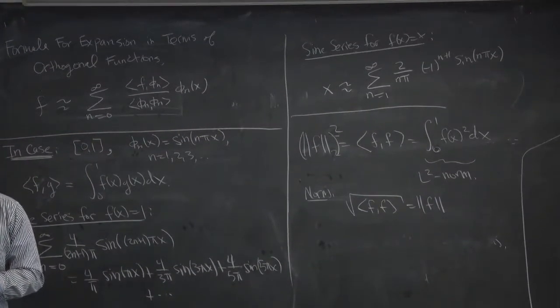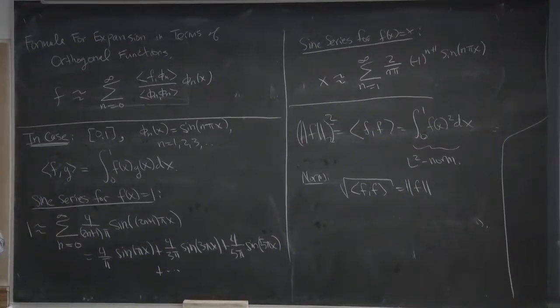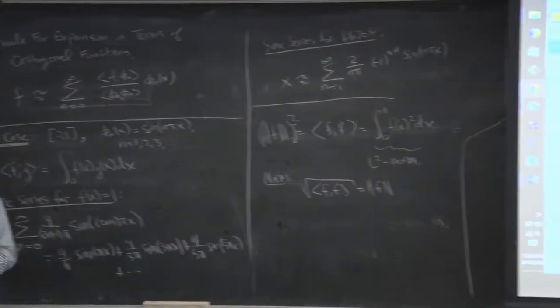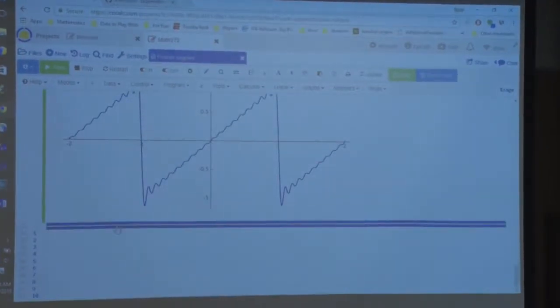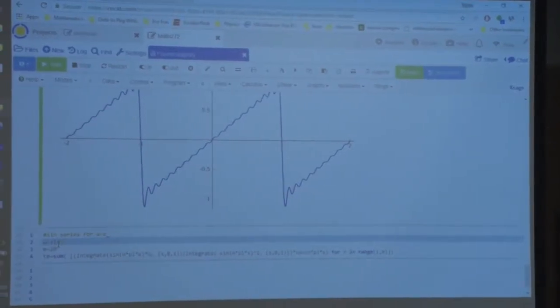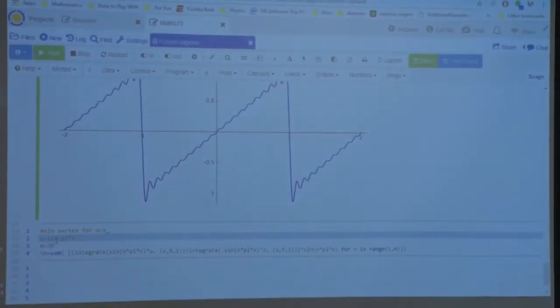Okay, all right, so what should be the sine series? So what if I put sine n pi x there? Like, what should happen? For example, let's do this one. I'm going to take this, put this here, and then what should happen if I take this to be sine pi times x? What should the series be?